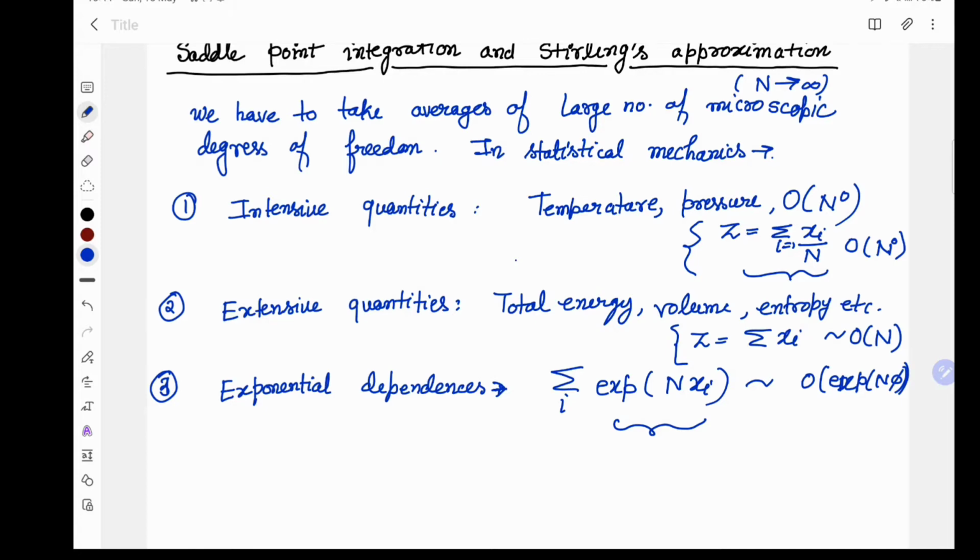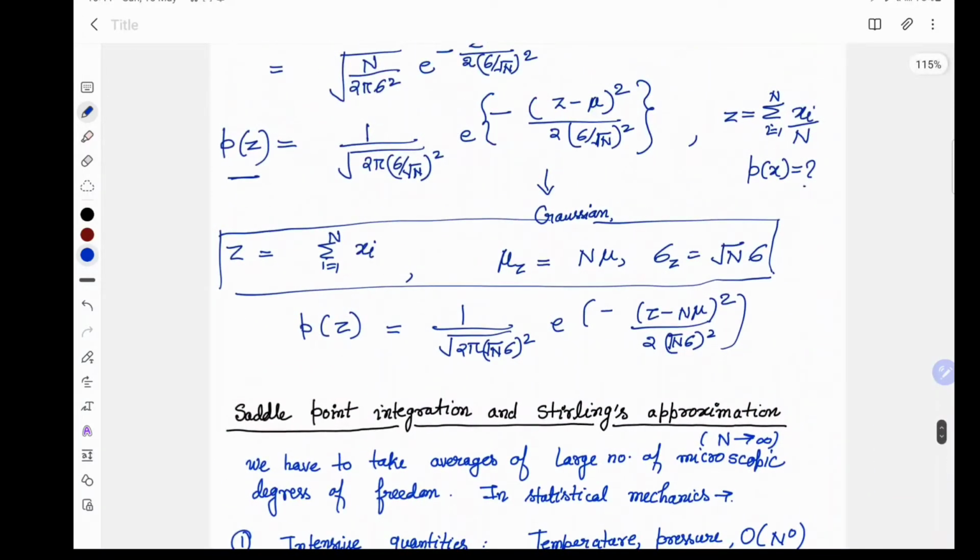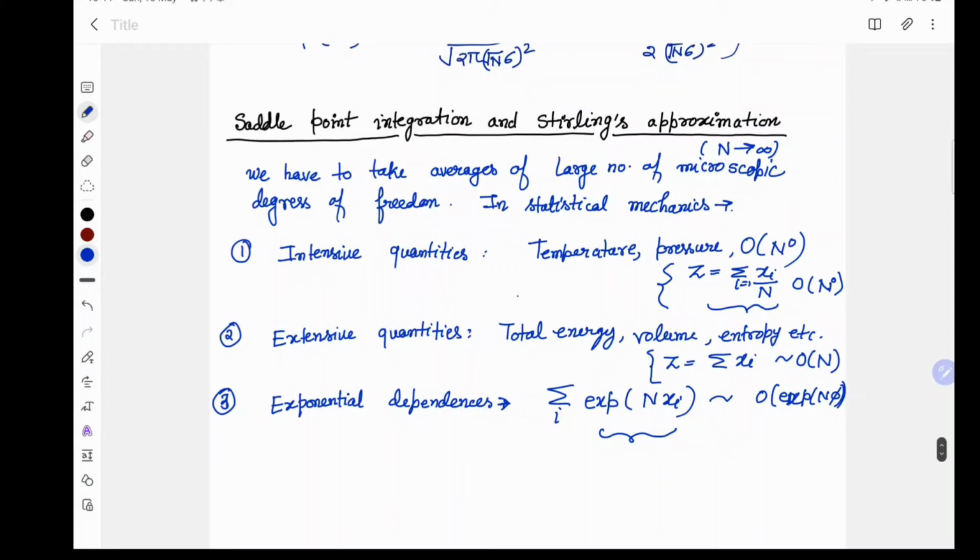So what we have seen earlier in the central limit theorem, I will write it again once.